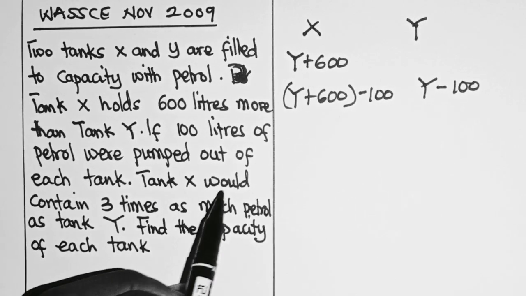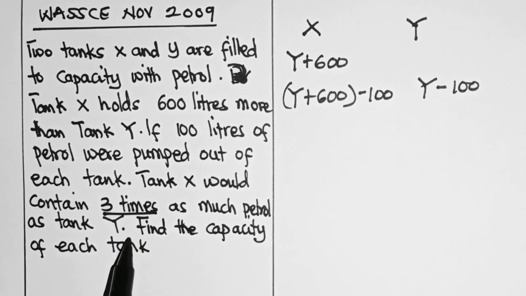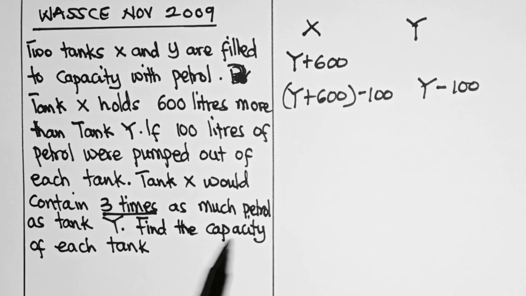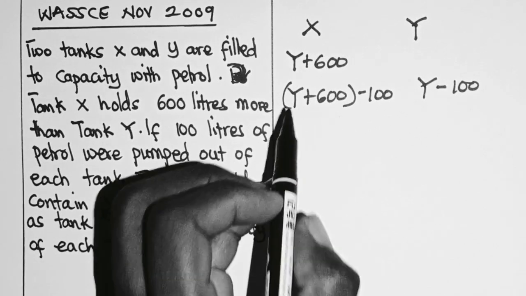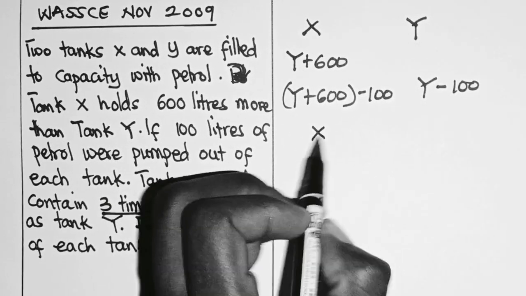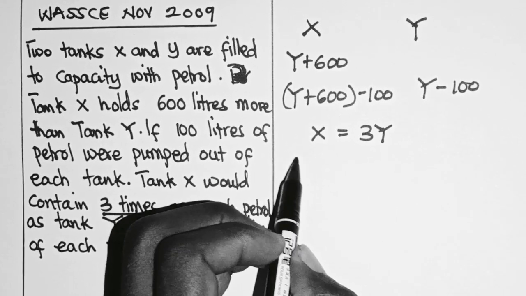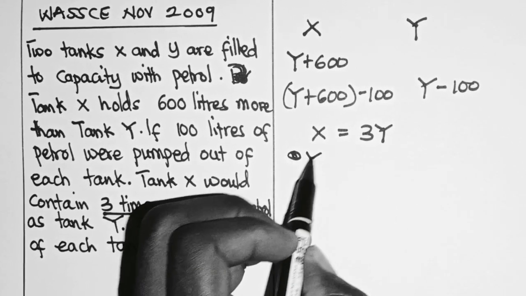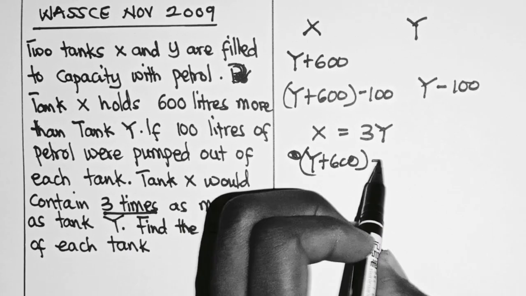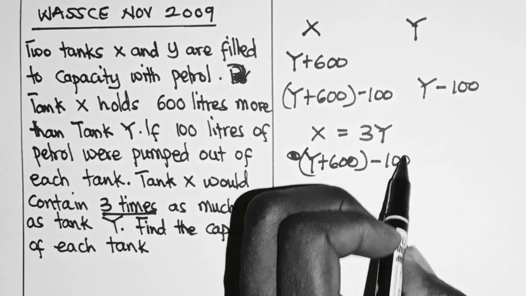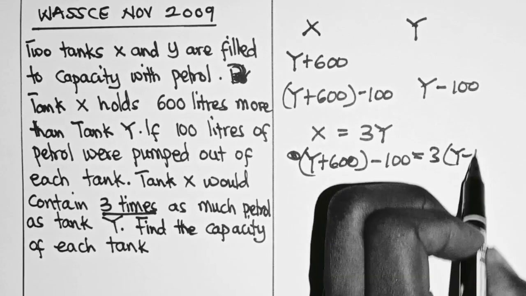And he says that tank X will contain 3 times as much petrol as tank Y. Find the capacity of each tank. So what it means is that tank X is equal to 3 times tank Y. So tank X is Y plus 600 minus 100. And this is equal to 3 times Y minus 100.